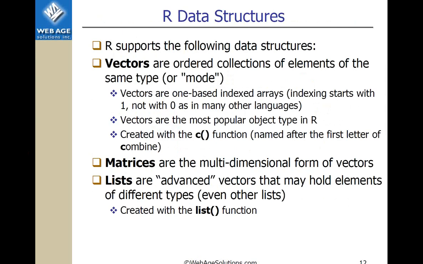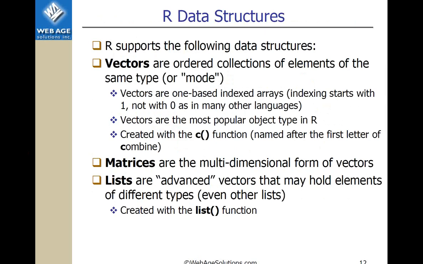Lots of things are built around vectors. Lots of algorithms for machine learning and data science are built on vectors. Lists are like vectors, but they can contain elements of different types. They can contain vectors as lists. It's more versatile and not so often used, but lists are there.